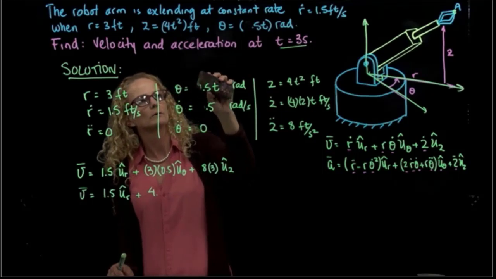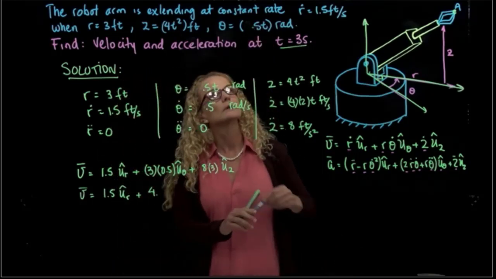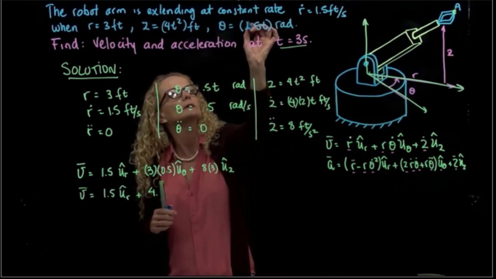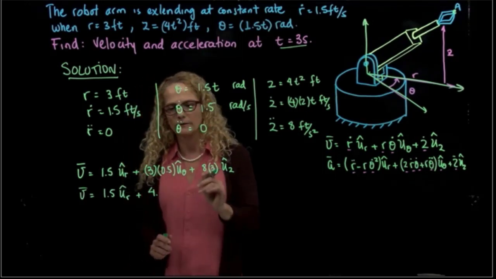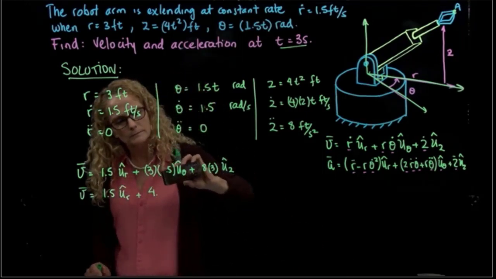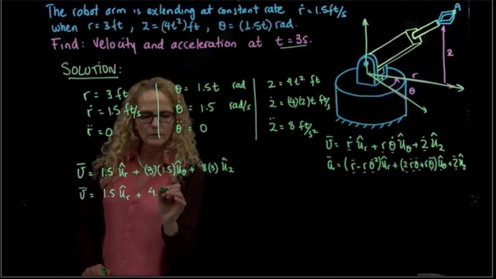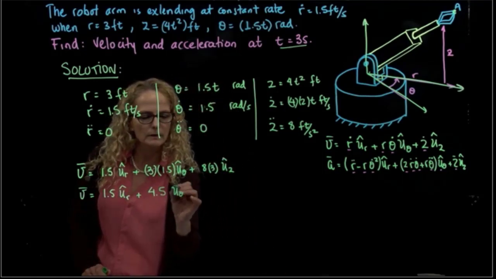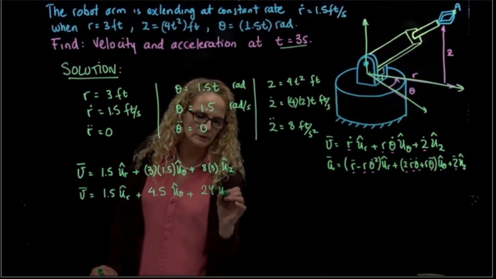I want to make sure I have the same results that I have in my paper. So this is 1.5, and that's why I get 1.5 times 3, which is 4.5 in the theta direction. And here I get 24 in the z direction.